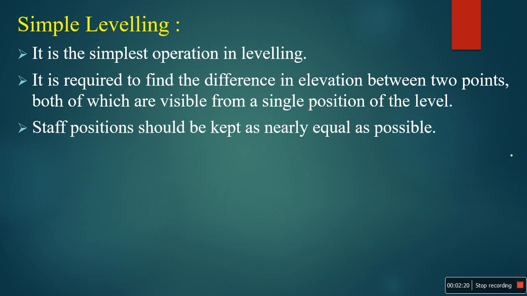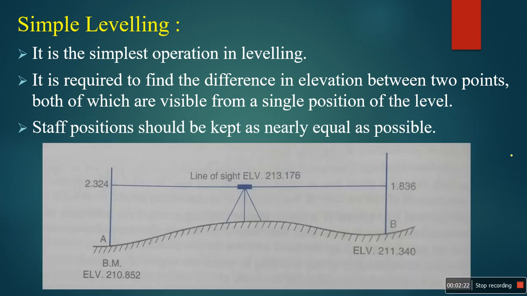Just observe here in this diagram. This is the A station and this is the B station. You can see from station A to station B, similarly from B to A. So they are easily visible from each station, and whatever data you collect is from only one setup of the instrument.